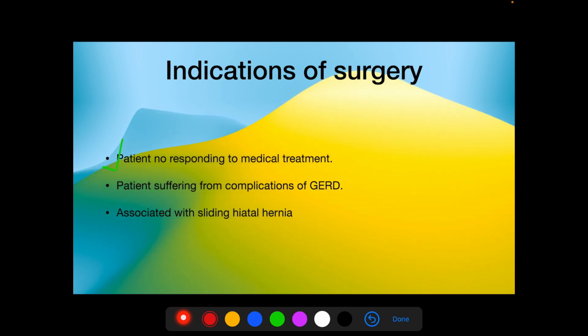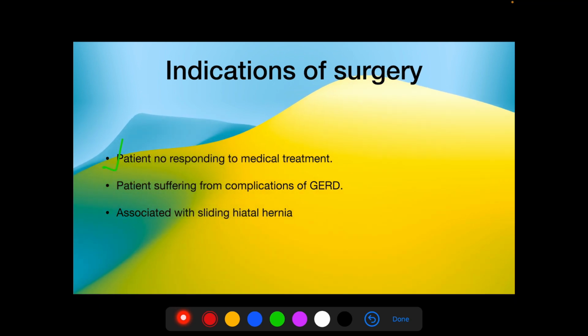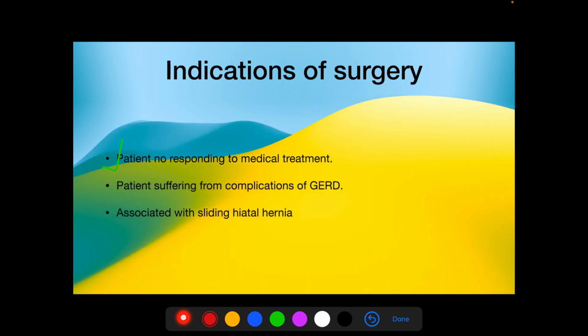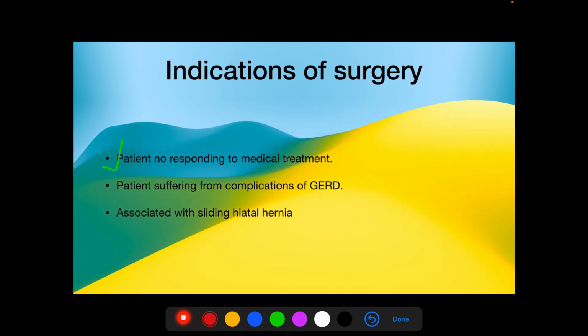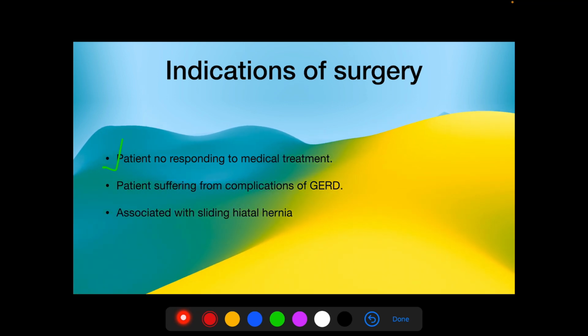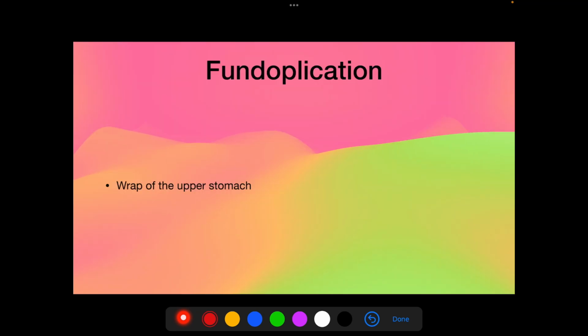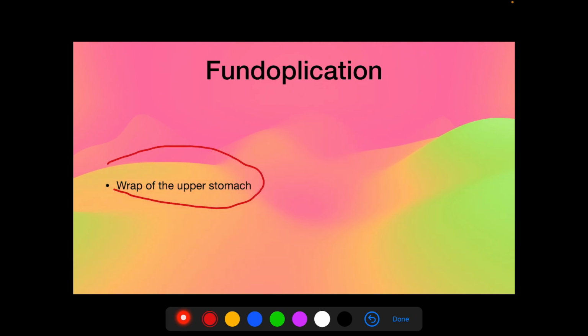PPIs may cause adenocarcinoma, so to avoid adenocarcinoma, the patient should undergo surgery. The type of surgery we do here is fundoplication, which is a wrap of the upper stomach. The wrap created by the surgery increases the LES pressure and helps to cure GERD.